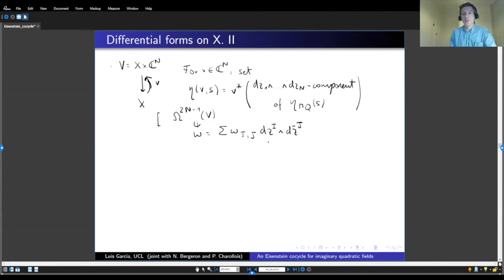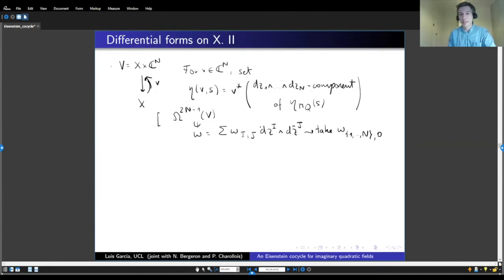So basically, you have these forms dz and dz bar, and what I mean is that we're going to take the component corresponding to this.